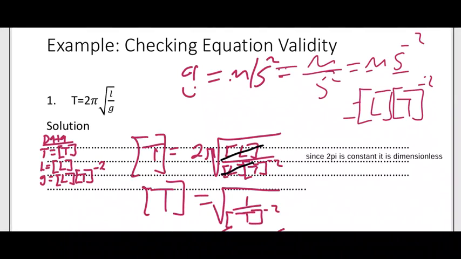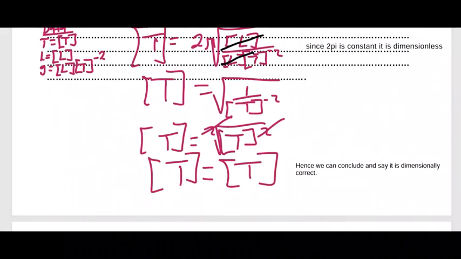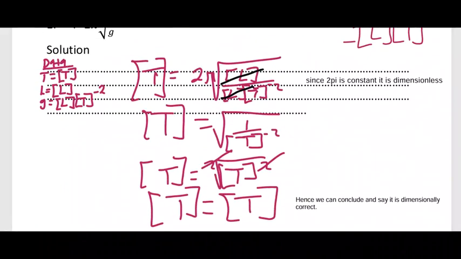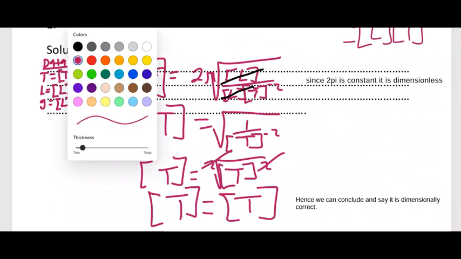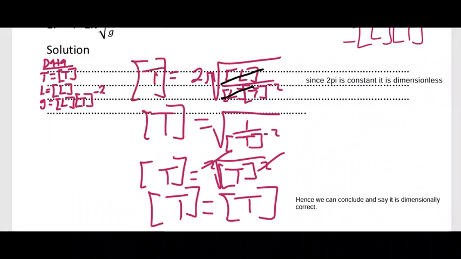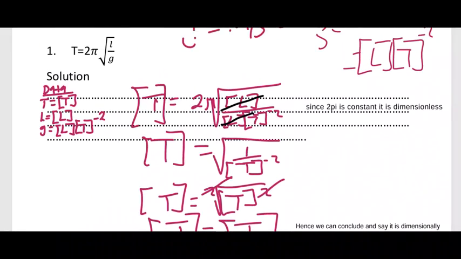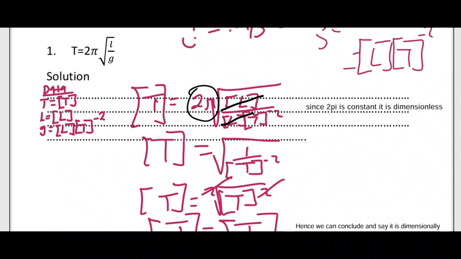Then after that, you can substitute those values into the equation. Considering that the constant is dimensionless, we are going to eliminate it. So this is what we did. Okay, let me use a different color. Here, this is a constant that we have here.